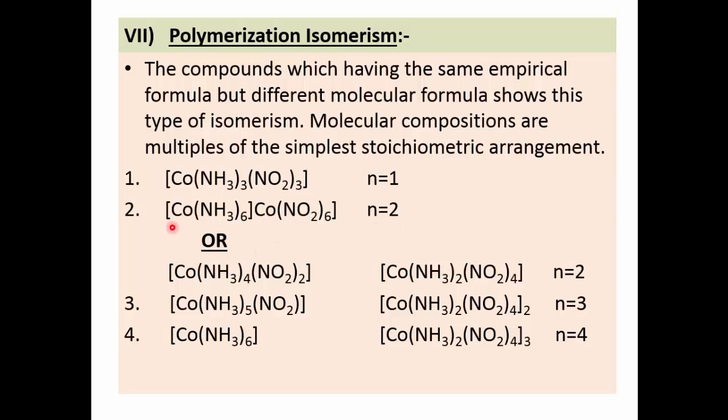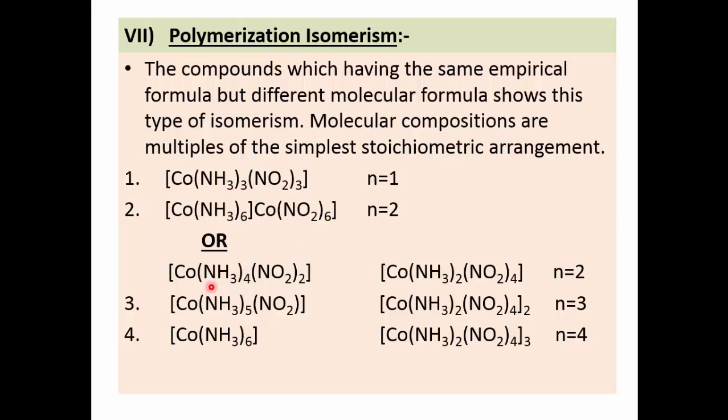See now in this isomer 2 cobalt ions are present. Okay. And ammonia molecules are present 6. In the first isomer they are 3. Here there are 6. So they are doubled. Similarly NO2 ions, here they are 3. In this case they are 6. Follow? So this is the isomer which is called polymerization isomerism.